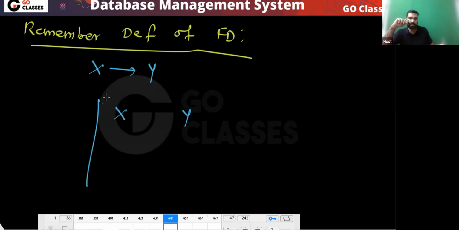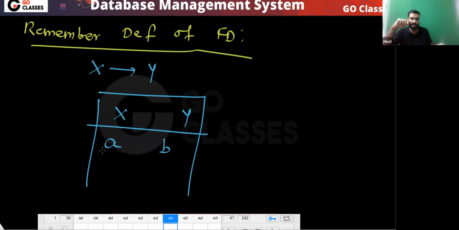It simply means that if A is here and B is here, then whenever you repeat this A, this B will automatically repeat. But remember, if you change the value of A, then this B may or may not repeat.